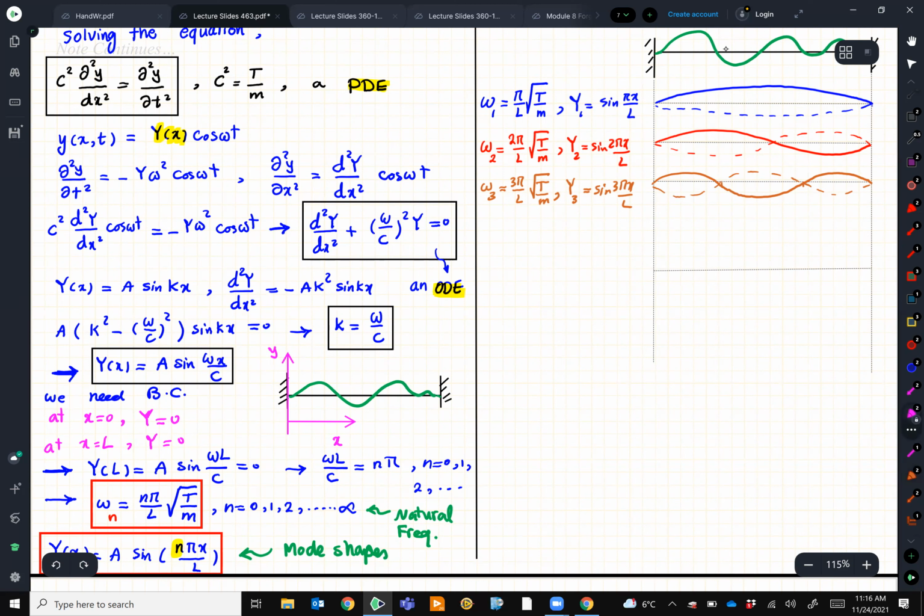And keep going to omega n, whatever n we want it to be: n pi over L square root of T over m, and y_n is sine n pi x over L.